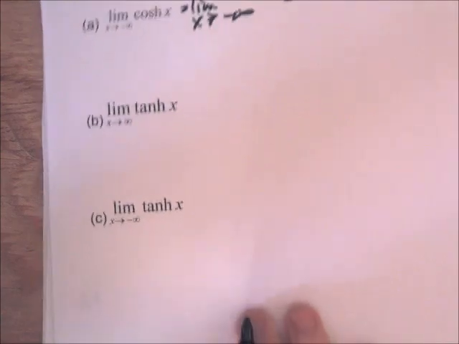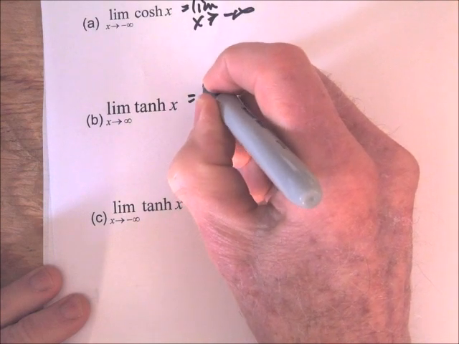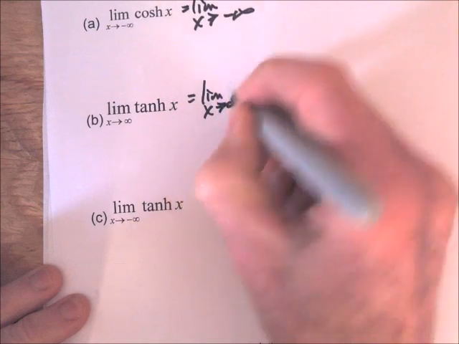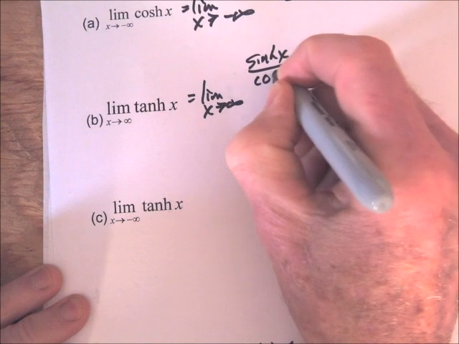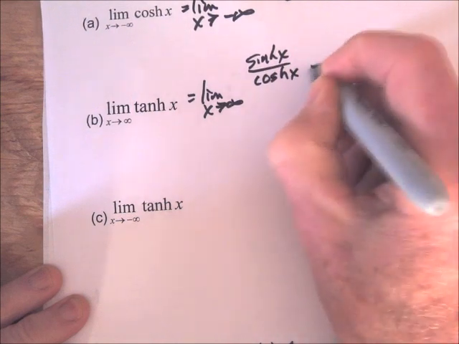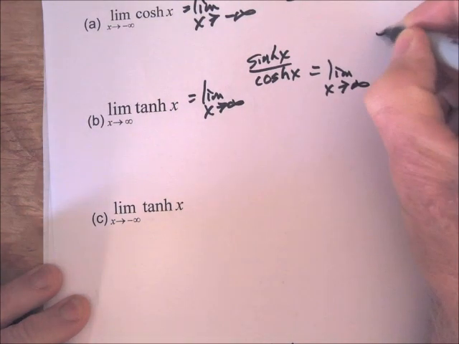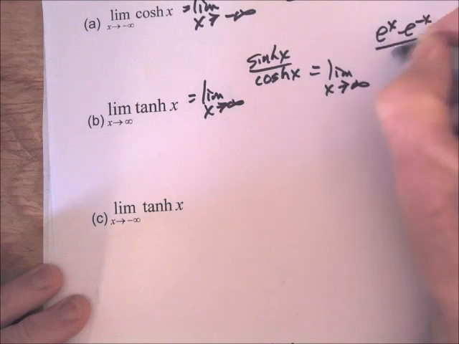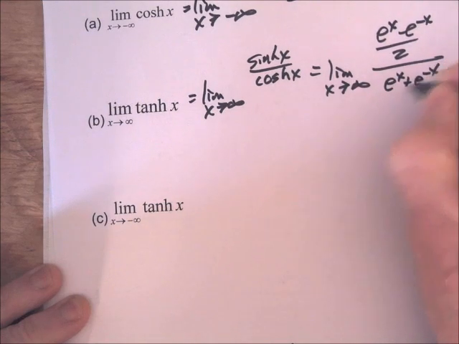Limit of tanh x. So that's going to be the sinh over the cosh. Sinh x over cosh x. So that's the limit as x goes to infinity of e to the x minus e to the minus x over 2 all over e to the x plus e to the minus x over 2.